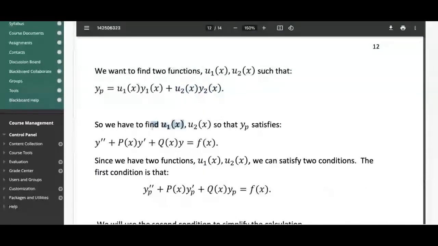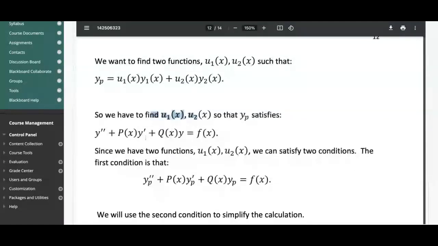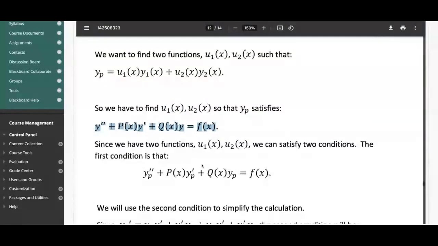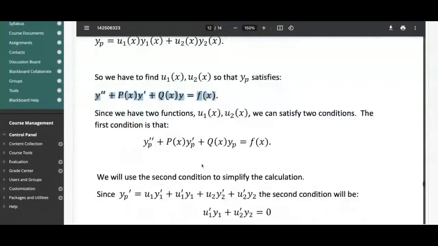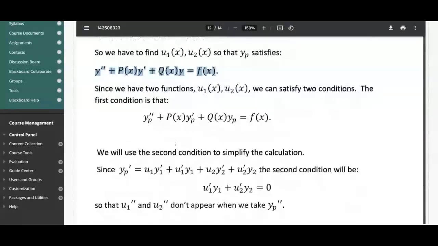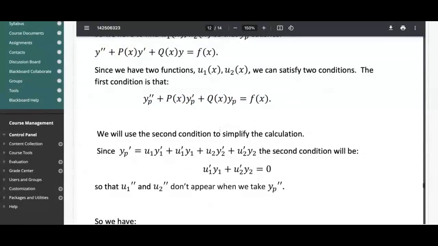So we have to find u1, u2, so that the particular solution satisfies such an equation. This is the original differential equation. So the first condition is for the particular solution, and the second condition is for u1, u2.